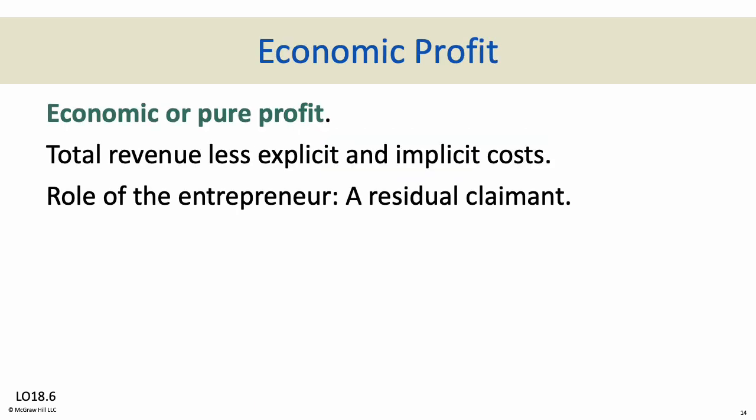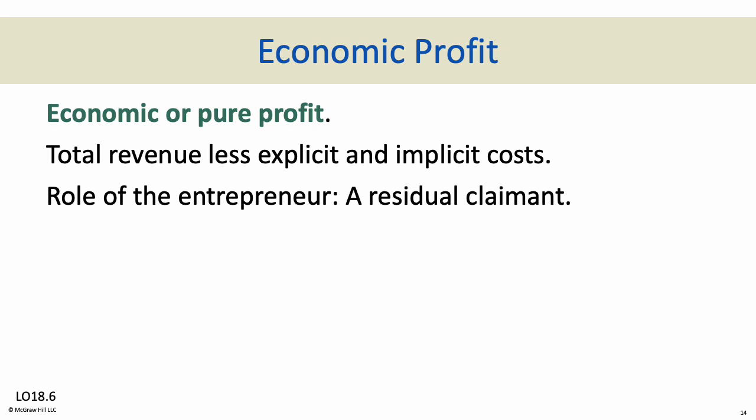Economic or pure profit, this is just simply your revenue minus your costs. And what are we doing here? So economists define profit very narrowly. Accountants define it as what is left over after all the bills are paid. The economist defines it as what is left over after both our explicit costs, our expenses, and our implicit costs have been covered.